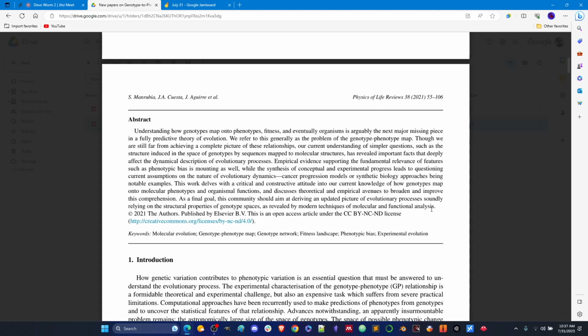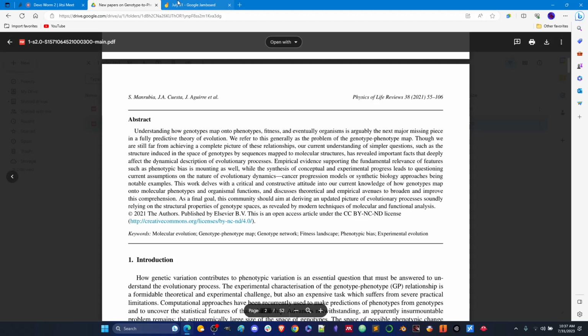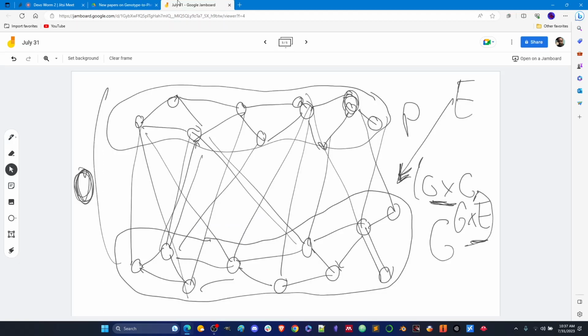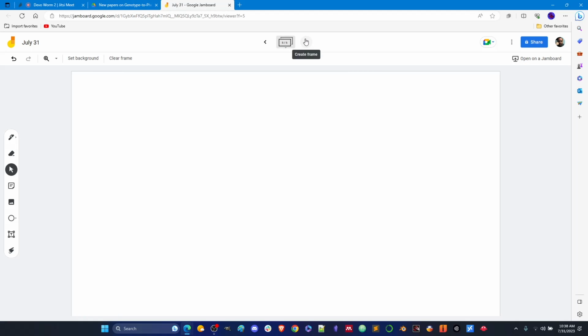So it's interesting that they mention molecular phenotypes, because in the work of Gunter Wagner, which we won't talk about right now, he has this model of genotype to phenotype mapping, which is basically a DNA sequence mapping to an RNA structure.